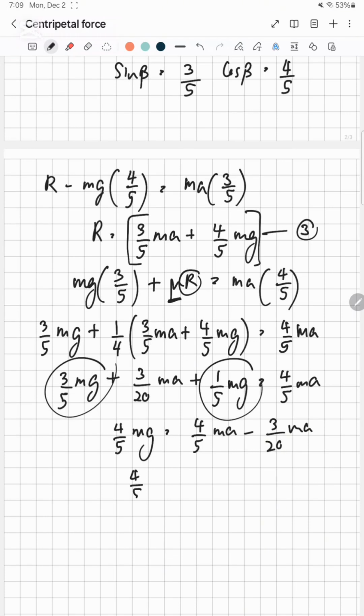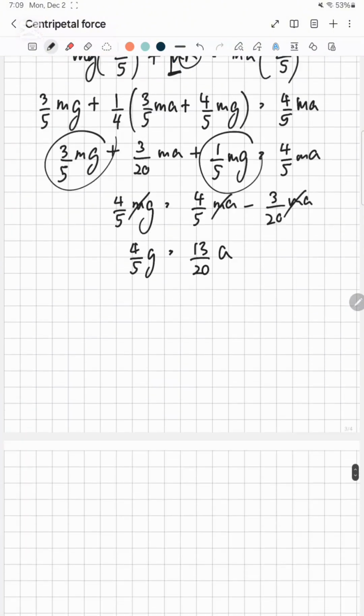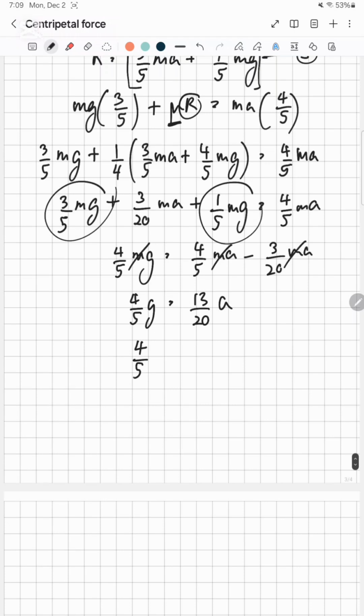You can cancel off the m's. g equals to 4 over 5 minus 3 over 20, which is 13 over 20 a. Then you write 4 over 5 into 20 over 13. g equals a, right? They cancel out 5, and 20, you get 4. So 4 into 4 is 16 over 13.